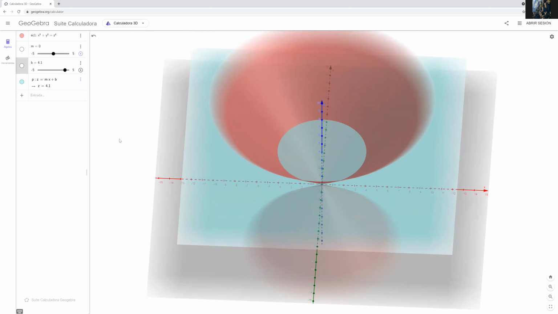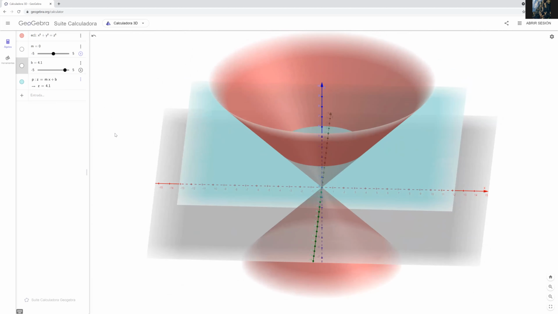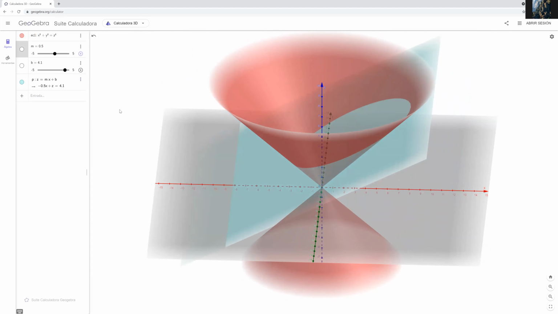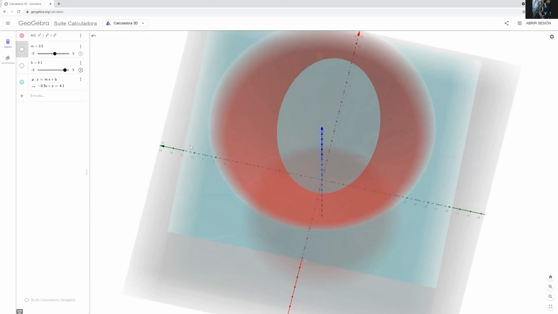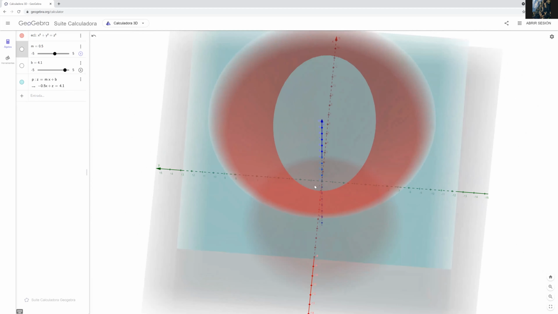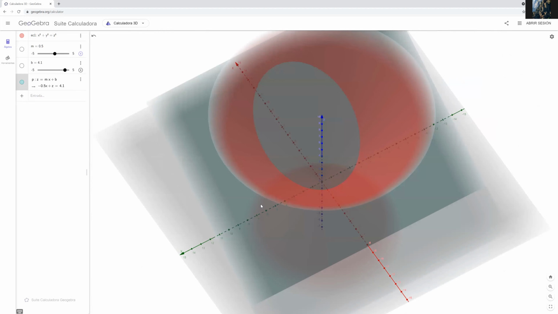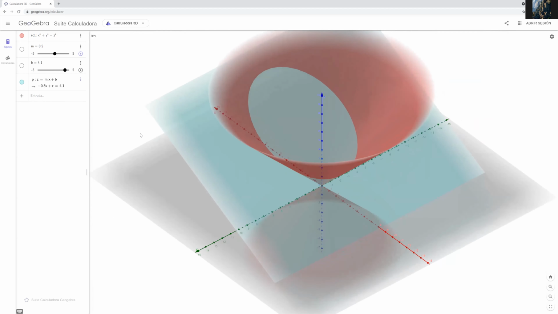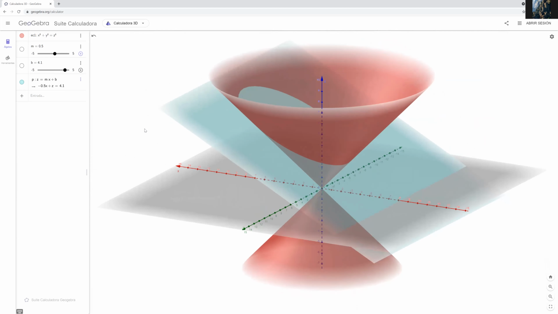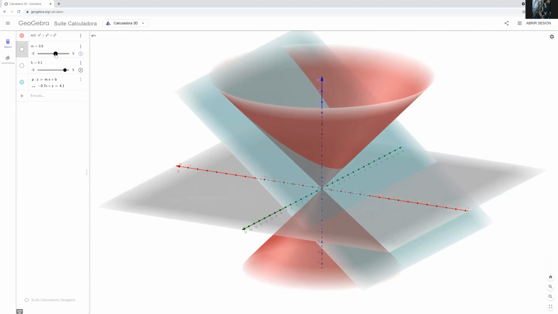Now, what happens if this plane has an inclination? Let's give it a slope, 0.5, for example. In this case, our plane is intersecting the cone as an ellipse. So this is our second conic, the ellipse. Now, the third type, and let me put it over here, looks something like this.